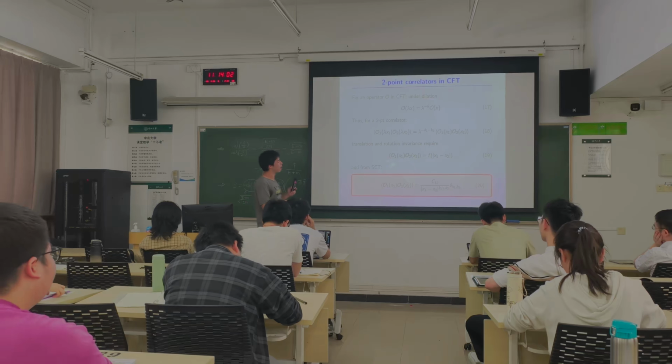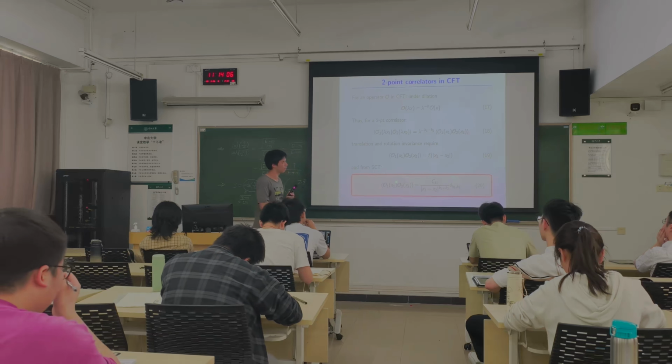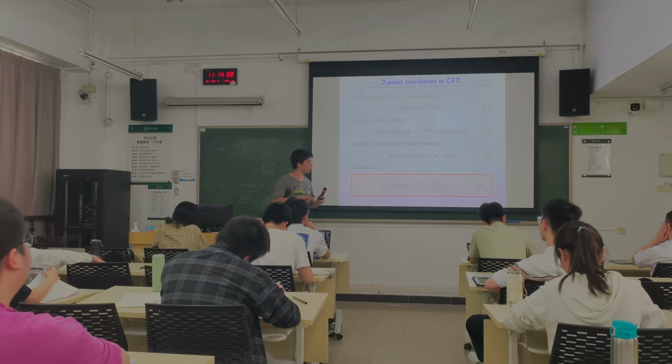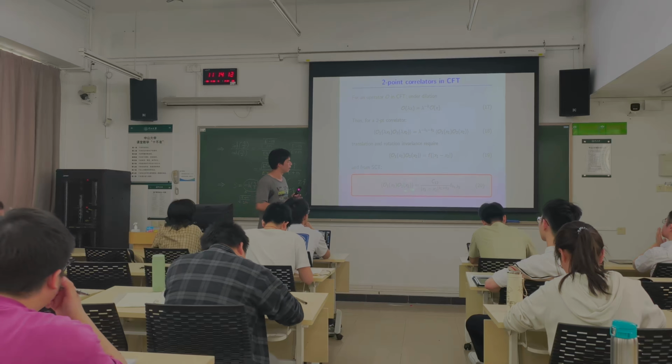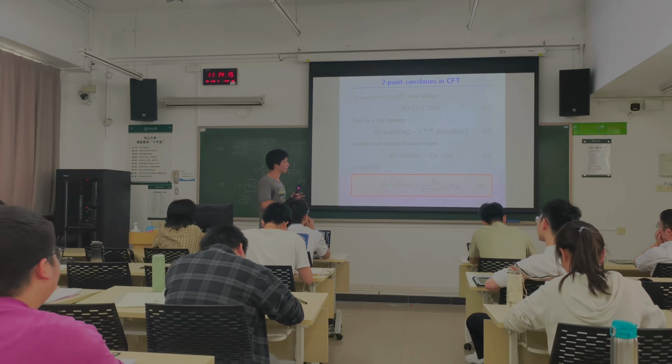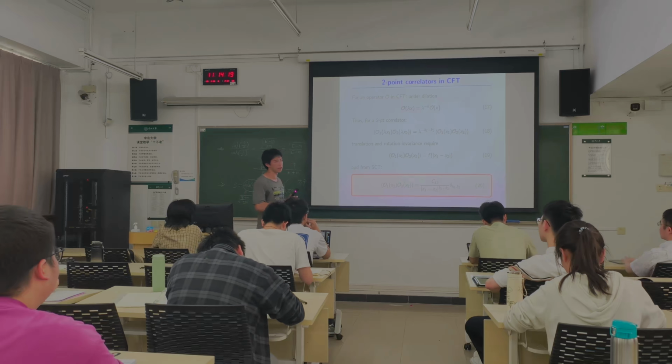And because of the requirement of special conformal transformation invariance, it can only take this form. So in general quantum field theory, without conformal invariance, it's very hard to pin down the specific form of it. But in conformal field theory, it has only this option, it must be like this. And after normalization, the coefficient can actually drop out. So it's just like this one.